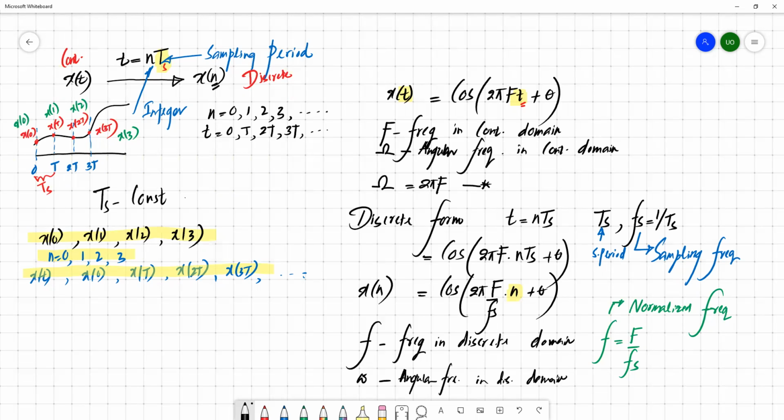So you get the expression omega equals 2πf. This is the mapping between the continuous domain and the discrete domain. So hope it's clear. Any questions?